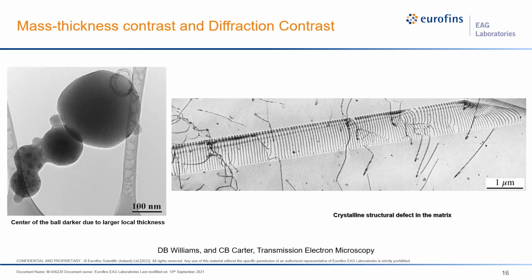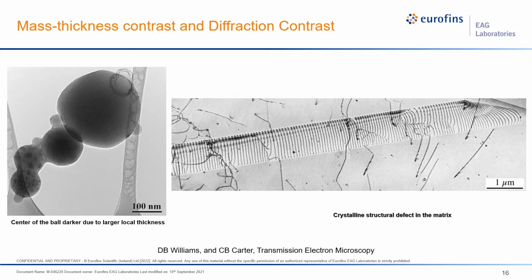So in a TEM, there are two typical contrast mechanisms. One is called mass thickness contrast, and another one is diffraction contrast. So mass thickness is simple. This is like a ball. At the center of the ball, of course, it is thicker, and then the feature will appear to be darker.